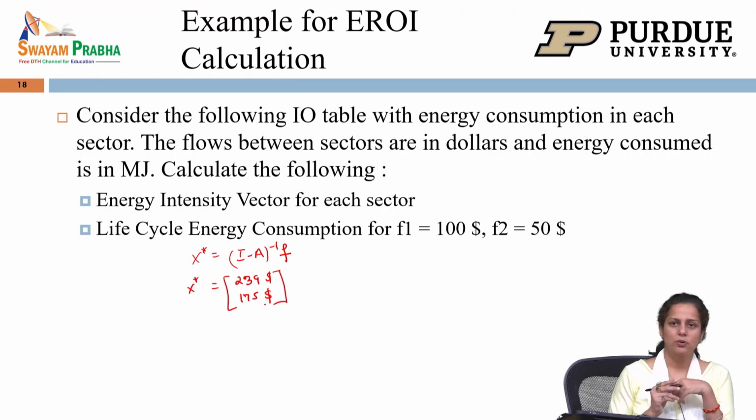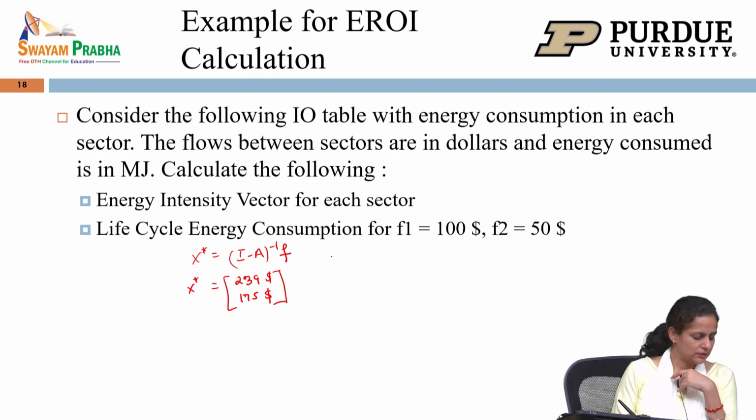You can go back to the previous modules where you have the calculations for this model and for the A matrix. Now, to calculate the total life cycle energy consumption, which is the processing energy, we can use our energy vector E times the x star.